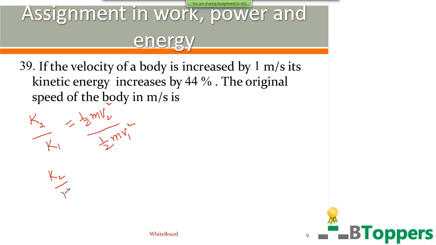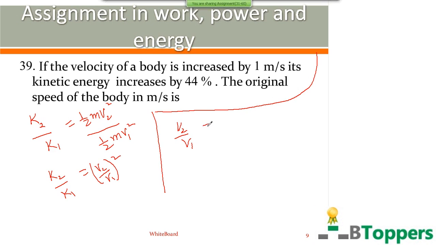So the ratio of the final and initial kinetic energies is equal to V2 by V1 whole square. So you can write V2 by V1 is equal to root of K2 by K1. Given that the kinetic energy increases by 44%, the ratio of the new kinetic energy to the original kinetic energy will be 100 plus 44 by 100, or 144 by 100.